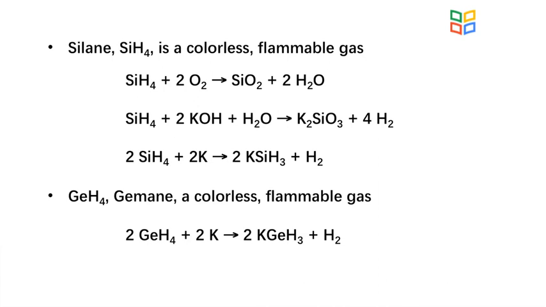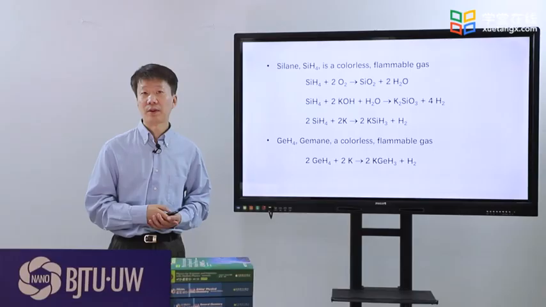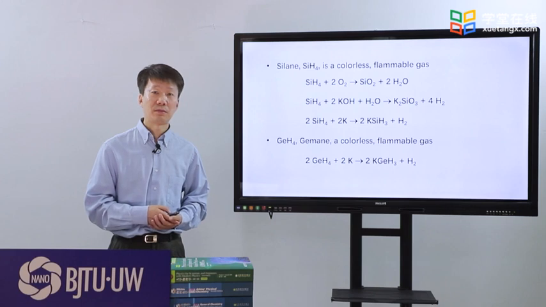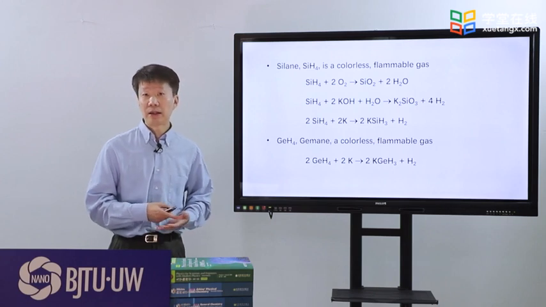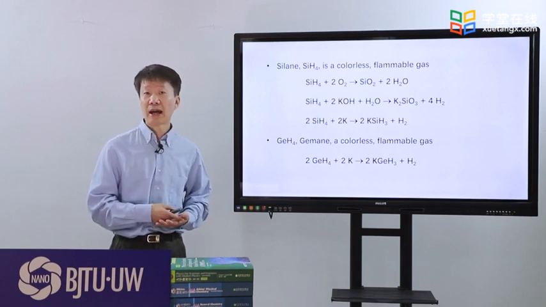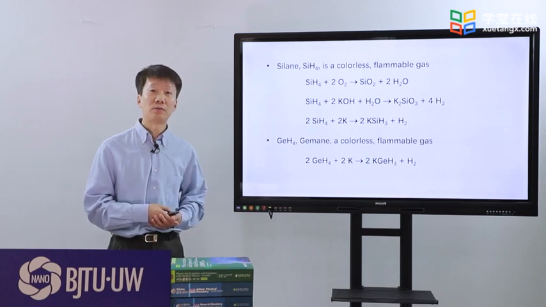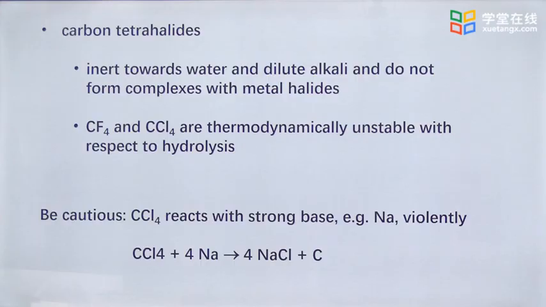Silane is a colorless flammable gas, reacting with oxygen, base, and active metal, for example, potassium. Germane, a colorless flammable gas, is also reactive to potassium. The carbon tetrahalides differ markedly from those of the later group 14 elements.